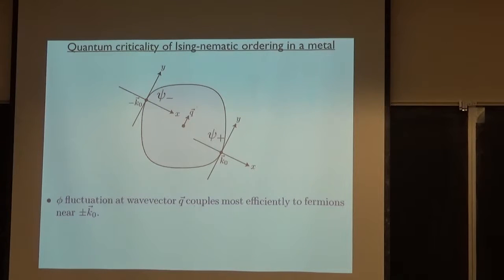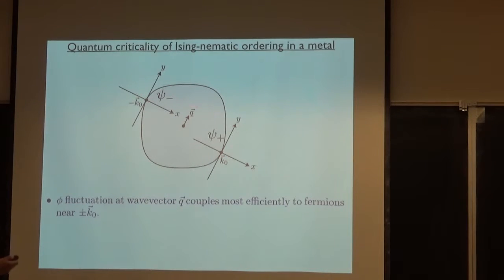Everywhere else it's scattered transverse to the Fermi surface, and at those points it's parallel to the Fermi surface. So that suggests, even though there are no hot spots, if for a wave vector fluctuation along this direction, you expand about k naught and minus k naught.